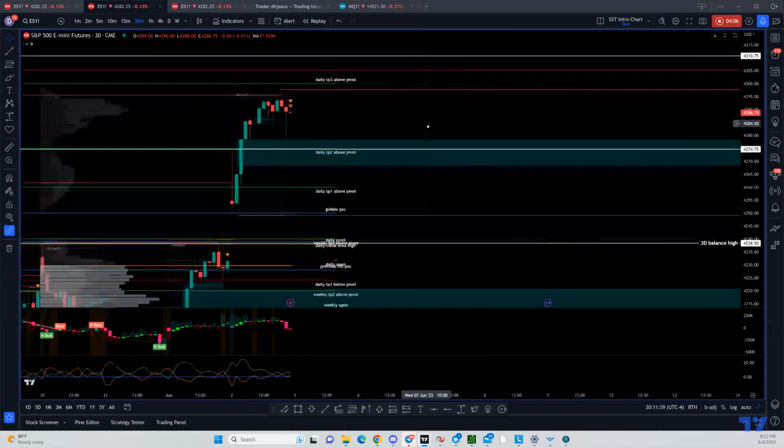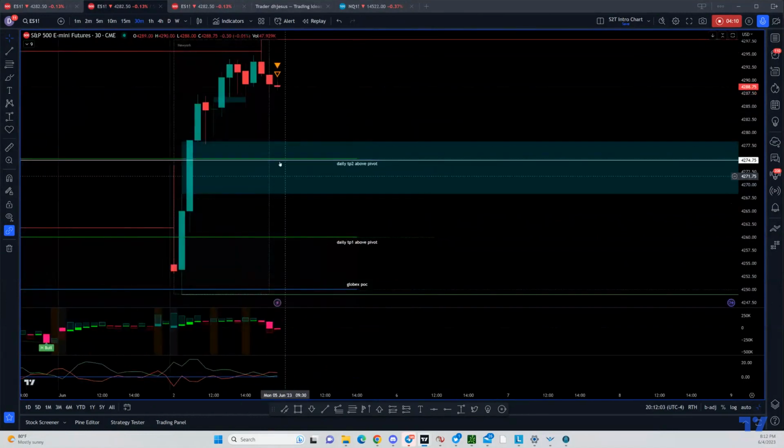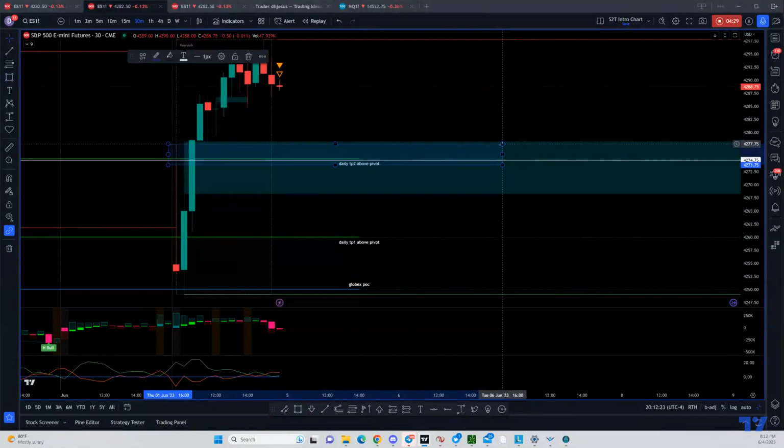But if you want to know exactly where the single print is, it's right here, from the high of this candle to the low of that red candle here. That is a single print, the red of that candle.